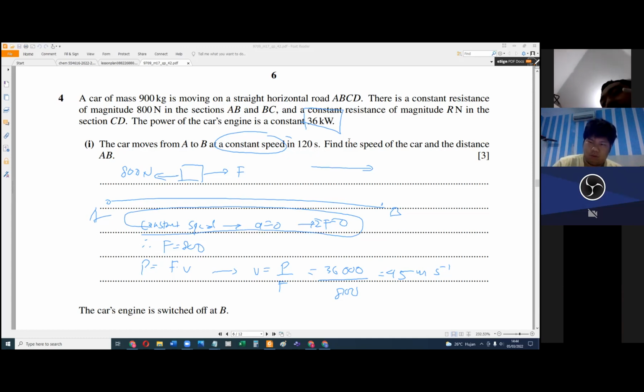And the distance is velocity times time. So it's 45 times 120. Okay, what's that? 5,400 meter. Ta-da! It's a short 3 marks question, right?